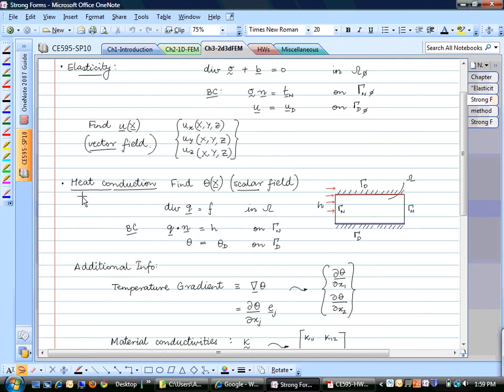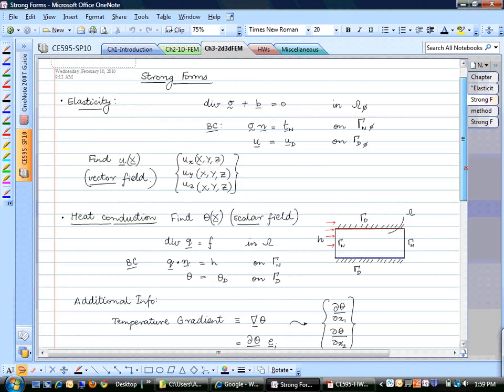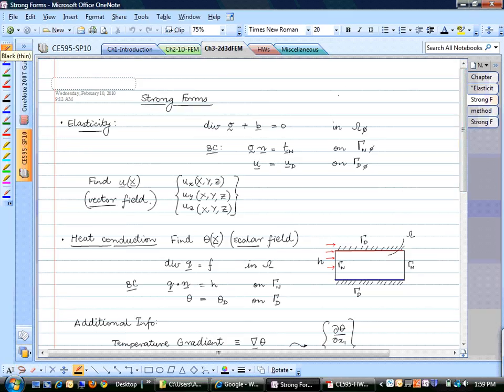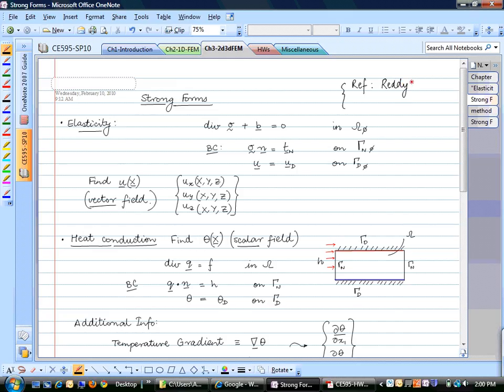So this problem, which is also given in your books, and maybe I should have mentioned this, you can use the references for this part of the chapter. So from Reddy's book, you have chapters 8, 9, and 11. This is all for the entire chapter 2. This is not just for today.